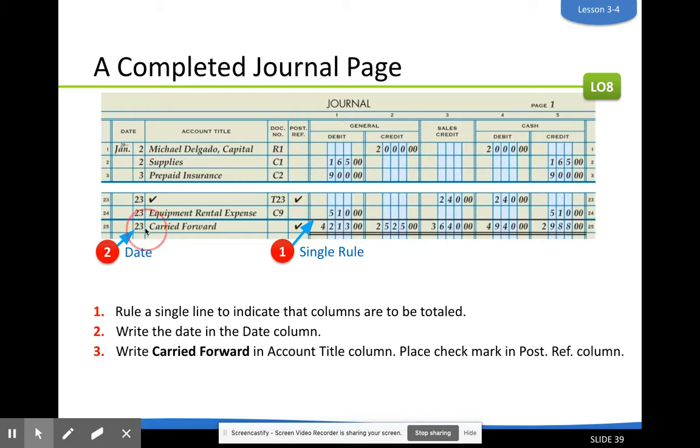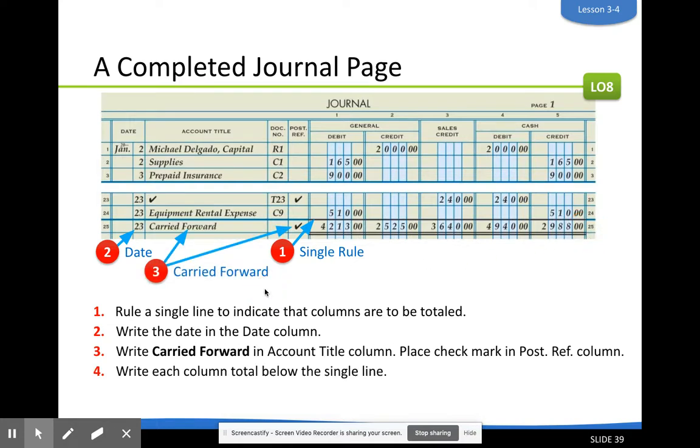And then we write the words carried forward and place a check mark in the post reference. Carried forward because we are going to carry these totals to page 2. Step 4, you are going to write the total, at least the single underline.